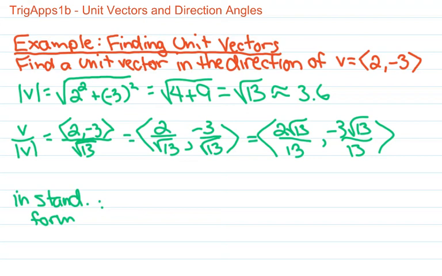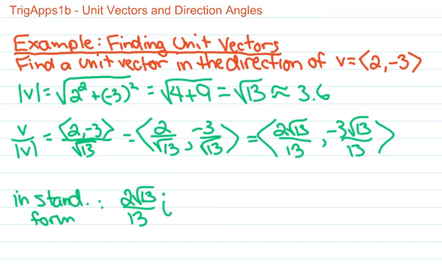Once again, that is in component form. Now we'll convert that to standard form, saying, all right, I have a 2 root 13 over 13 in the direction of x, moving to the right. So I'll take that 2 root 13 over 13 and multiply it by i to give us just the x component.